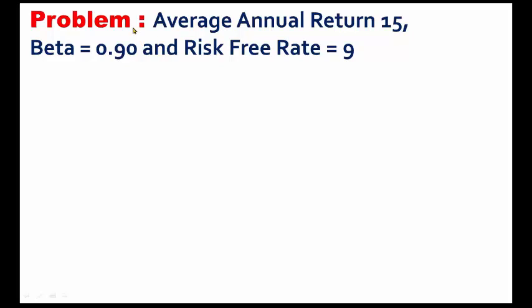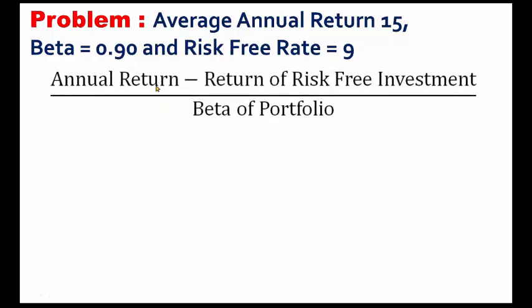Another problem as per the Treynor ratio. Average annual return 15, beta 0.90, and risk-free rate is equal to 9. Annual return minus return of risk-free investment divided by beta of portfolio.